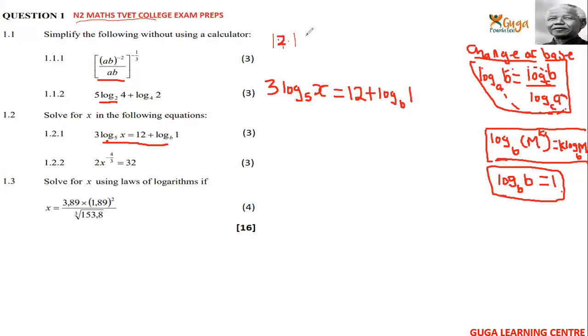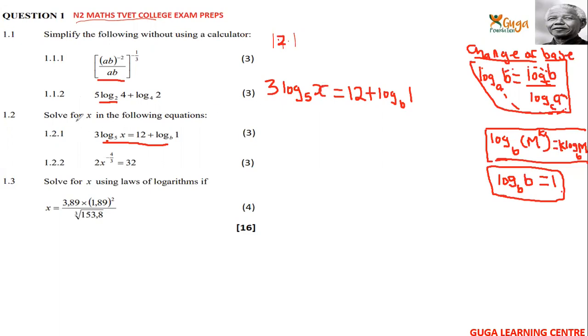The next question: you've got 3 log base 5 of x equals 12 plus log base b of 1. To solve this, we're solving for x.